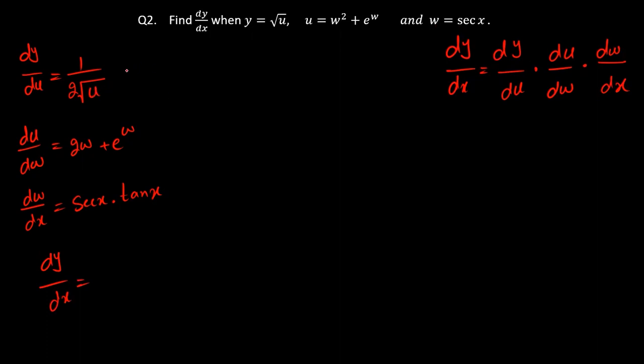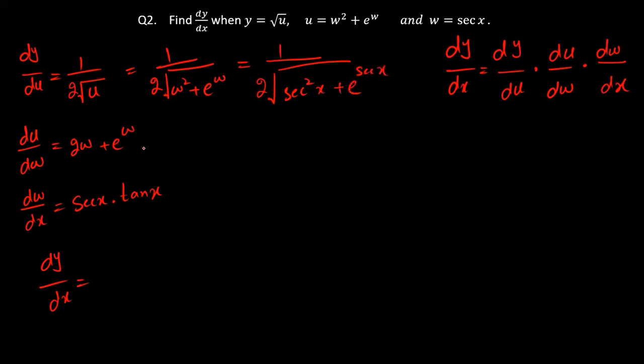This is a function of u, and when we plug u over here, it will give us 2 square root of w square plus e power w, and then w is a function of x, so we can plug in secant x: 1 by 2 square root of secant square x plus e power secant x, and for the next it will be 2 secant x plus e power secant x, and this is a function of x, so there's no need to change this one.